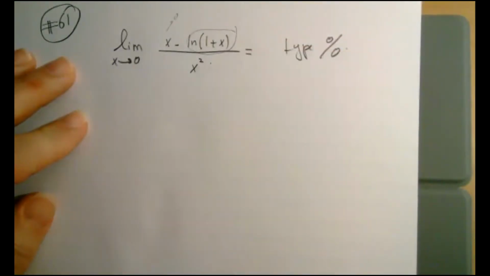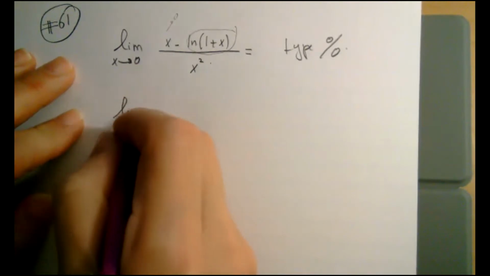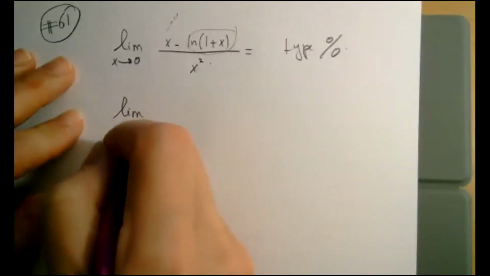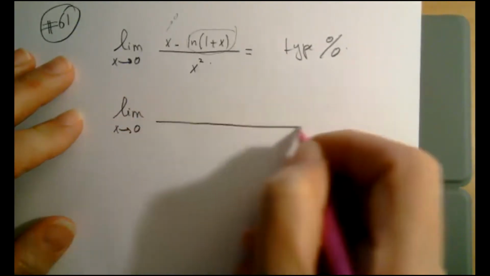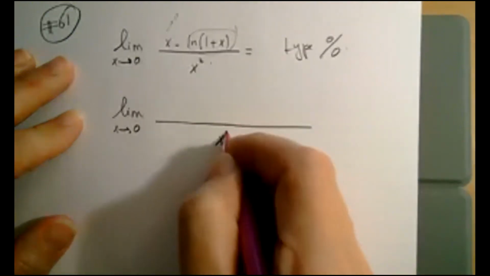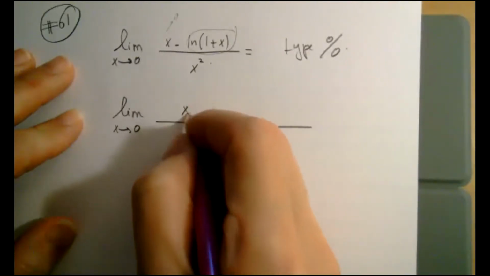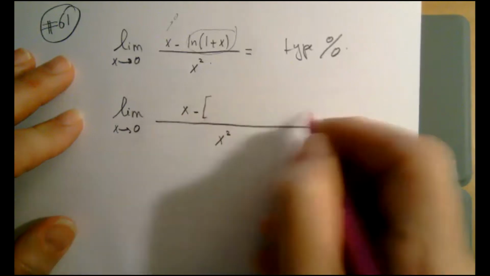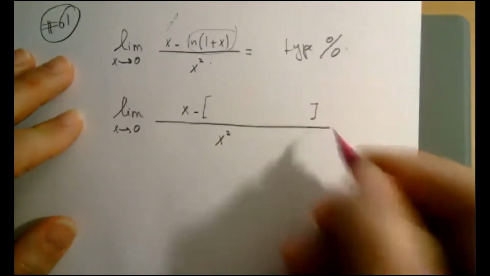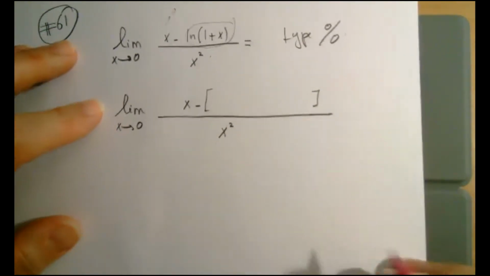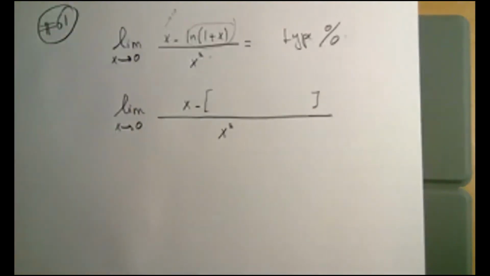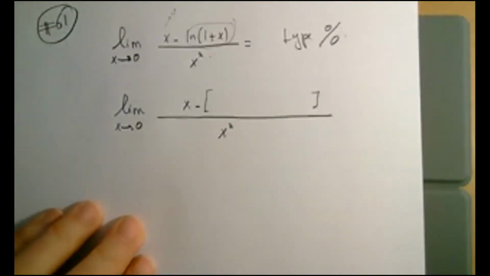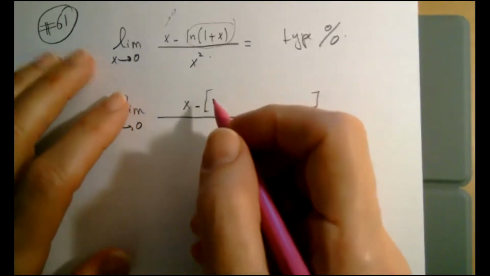So what are they talking about? This is going to be the limit as x goes to 0 of the following: x minus, and instead of ln of 1 plus x, I'm going to write the power series of ln of 1 plus x, over x squared. Of course, you guys will have that in case you have a problem along those lines. So what is the power series of ln of 1 plus x?